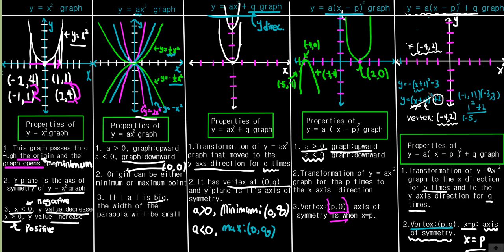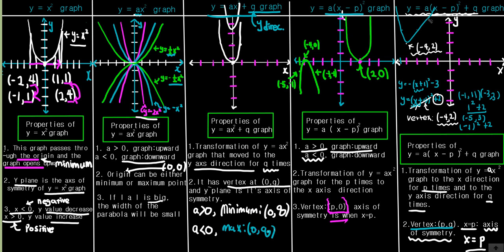When the x value is negative 5, it is going to be negative 1 squared plus 2, which will just turn to positive 3. So it is going to be right over here. If we graph it, it is going to look like this, passing through our points. So this is our quadratic function.